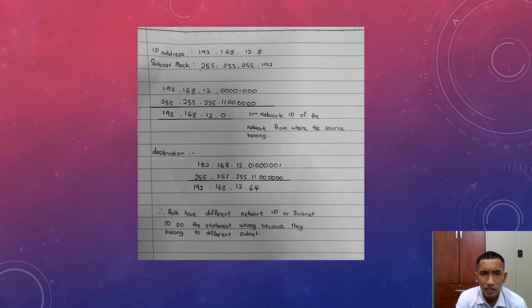Okay, the destination: 192.168.12.65 in binary, with the subnet mask 255.255.255.192. The result is 192.168.12.64.